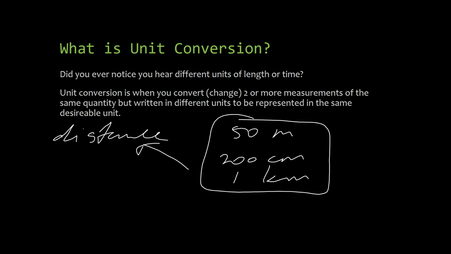We are not going to be able to compare them because they are not in the same unit. What we'll do with unit conversion is we will actually be able to convert between these units so that we don't struggle to figure out which one is more and which one is less. We'll be able to arrive at our own conclusions based on the fact that they all would share a same unit.